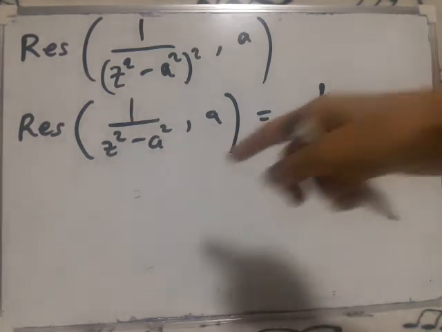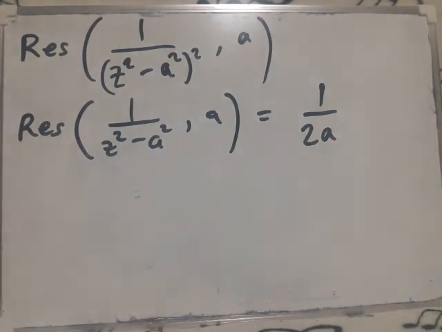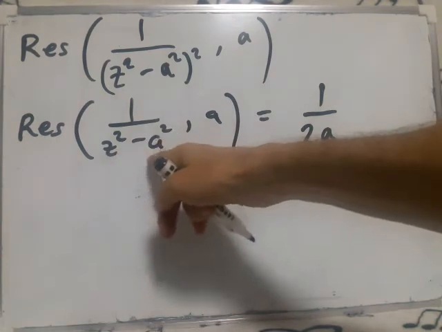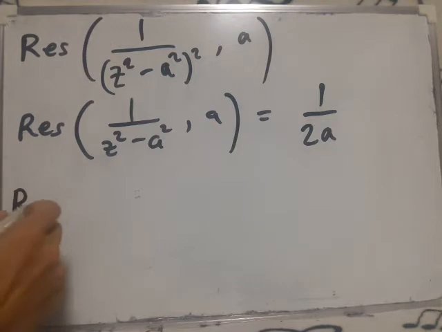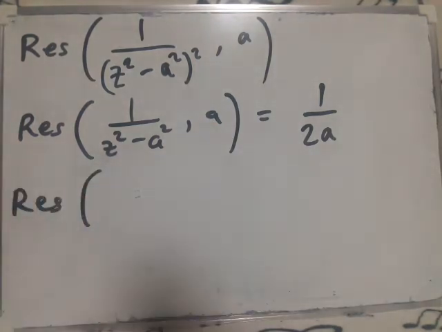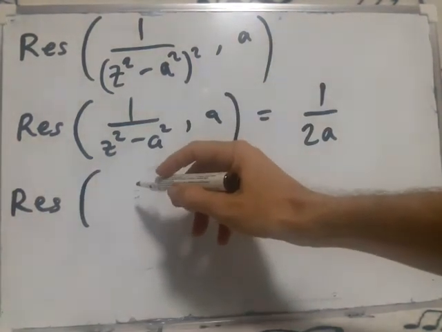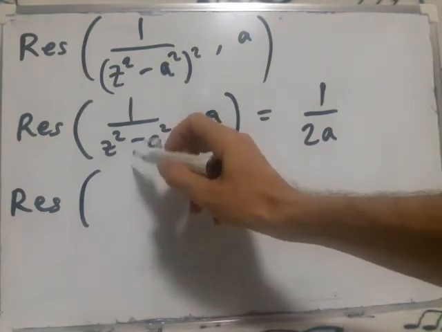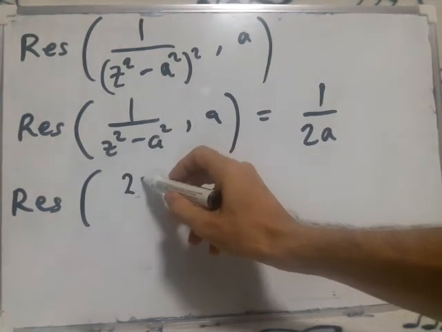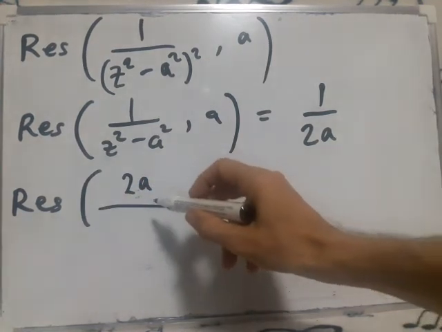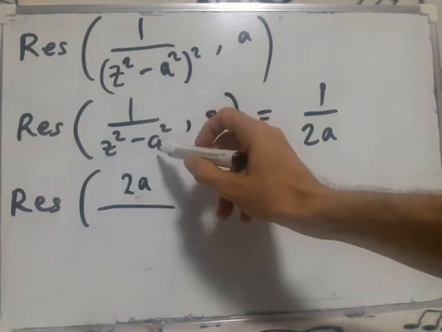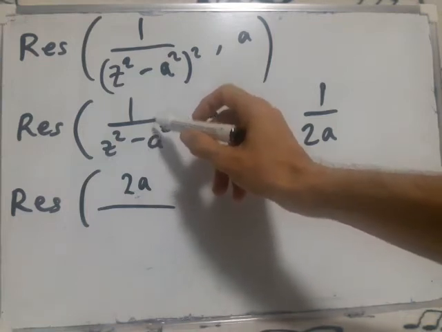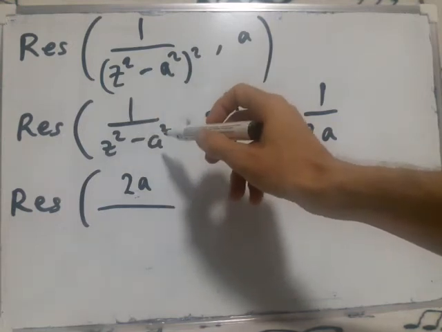And then we differentiate both sides of this with respect to a. Okay, so we differentiate inside here with respect to a, and that's going to give us 2a on top, and we've got a minus sign from the minus a squared, but we've also got a minus sign because it's to the power minus 1.